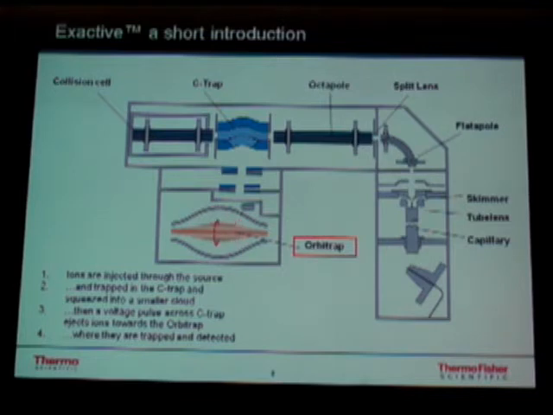If you had the HCD cell on your instrument, then the ions are sent into the collision cell, fragmented, sent back to the C-trap after fragmentation, and then pulsed into the Orbitrap. That's really how the Exactive mass spectrometer works.